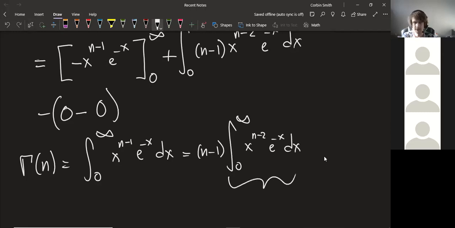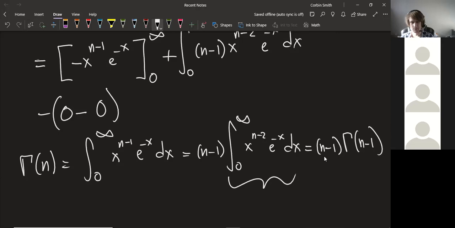And what do you notice about this thing? This thing is actually gamma of n minus 1, right?